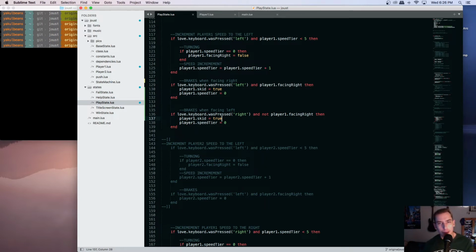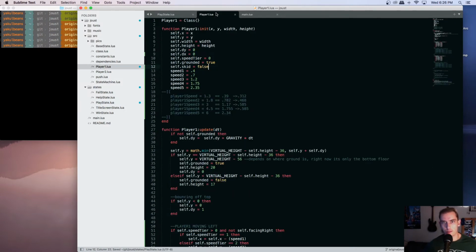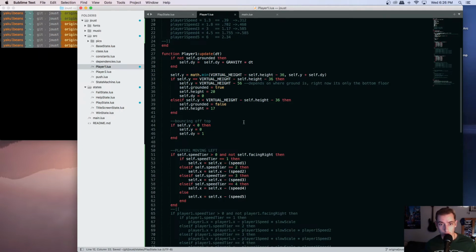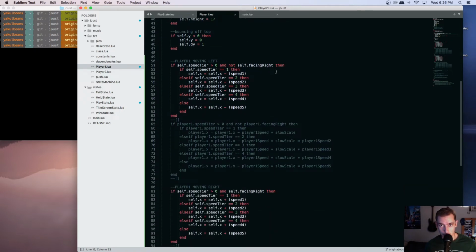So the idea behind this flag is now in the player class, we can say, and not facing right, and not.